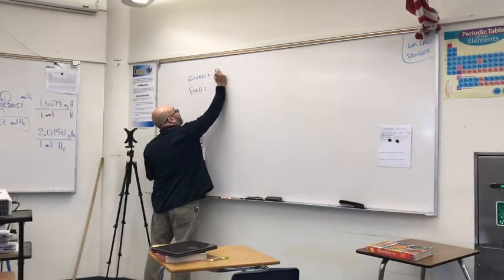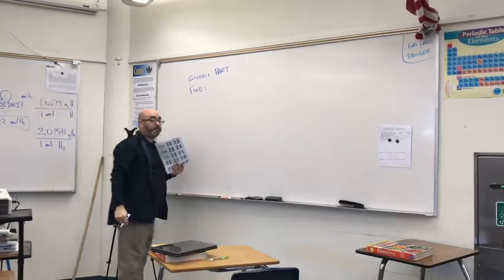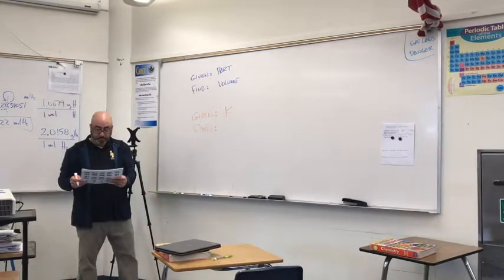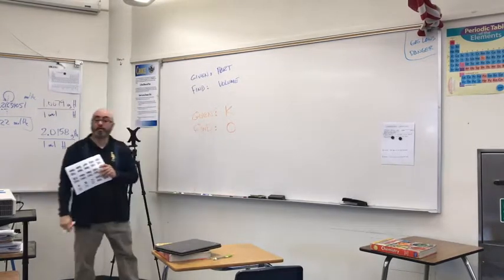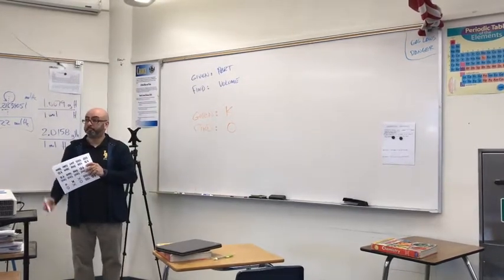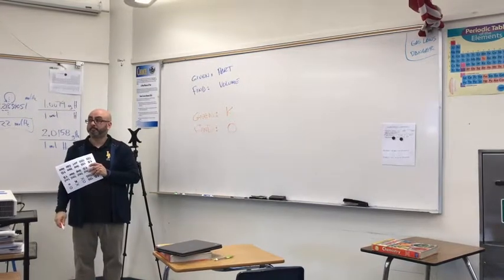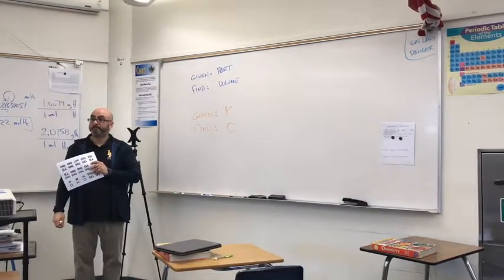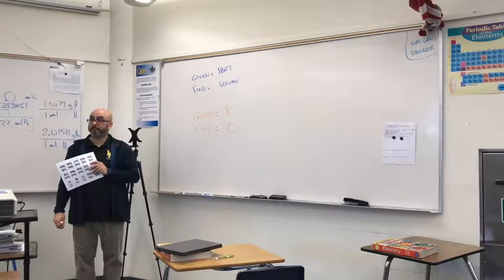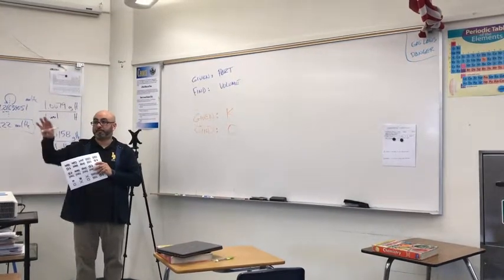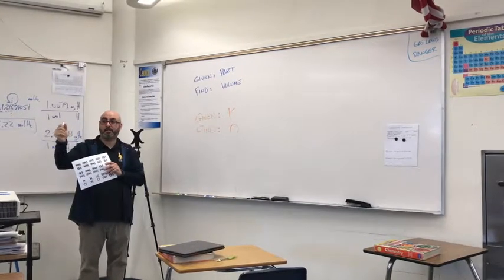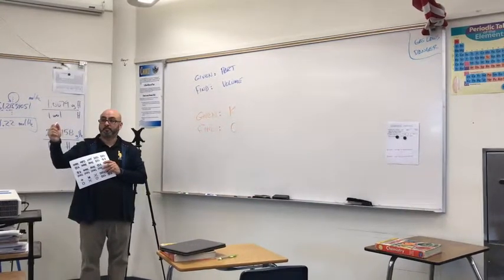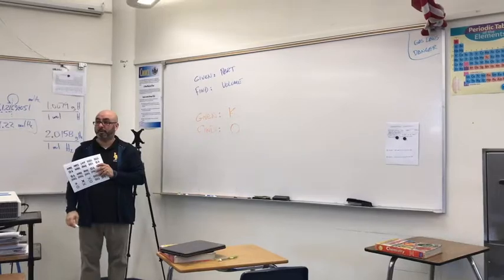Given, I want you to find O. O is in orange. Once you're done with your first pairing, switch to the next pairing at your table, and then you do the second one. You do orange.